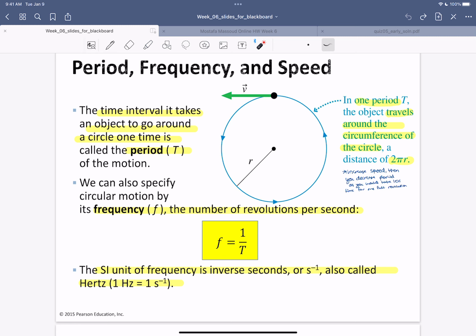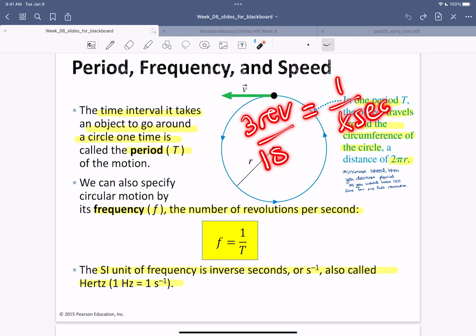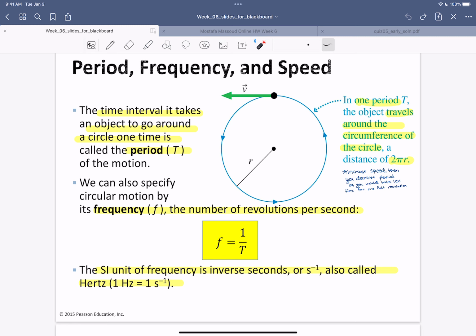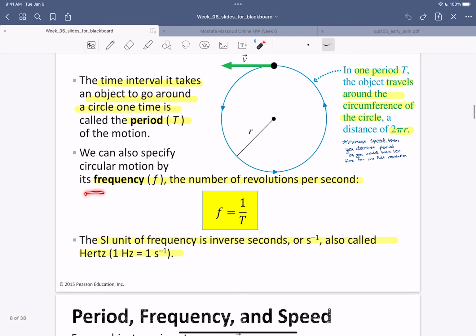Now, if I wanted to figure out how long it would take to travel 1 revolution, well, we can say 3 revs is equal to 1 second. Well, how many seconds does it take to travel 1 rev? And so you can just do your ratio there, and then figure out how many seconds it takes to get to 1 rev. So that's the concept there. 3 revs per second gives us frequency.